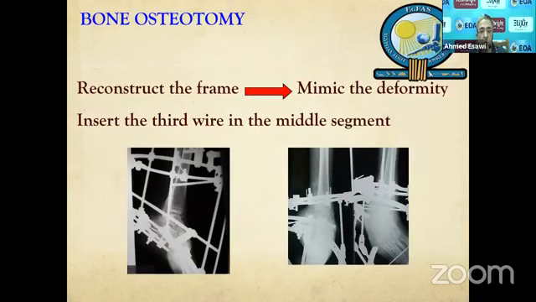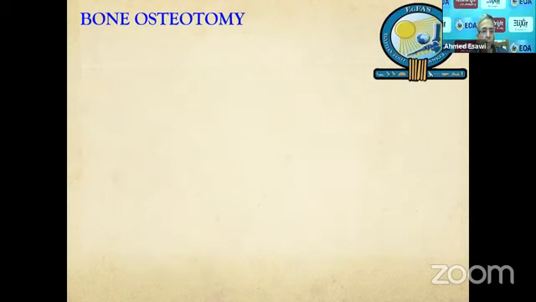And after that we apply the frame, which mimics the deformity, as we will see in the workshop, and insert the third wire, which goes to the tibial component of the frame.